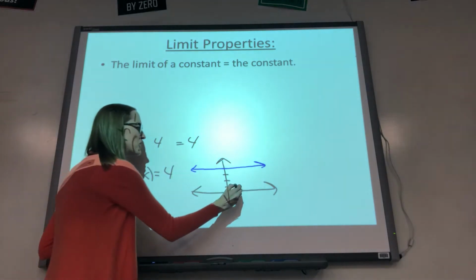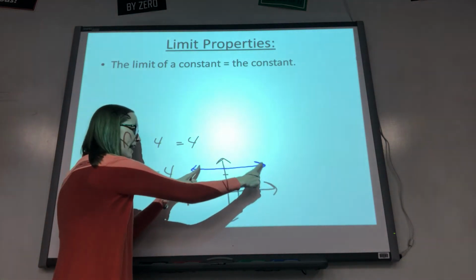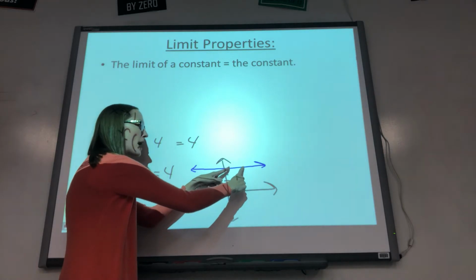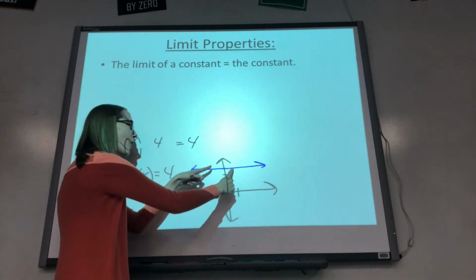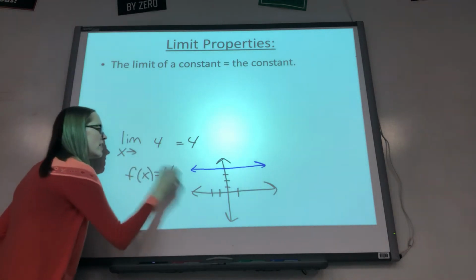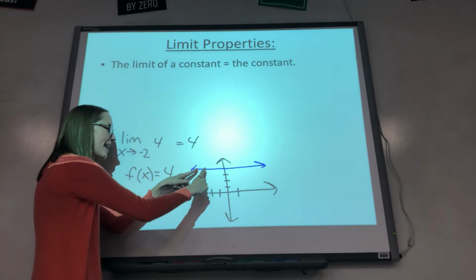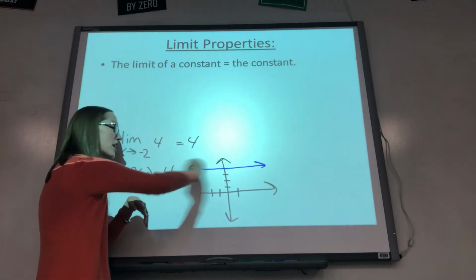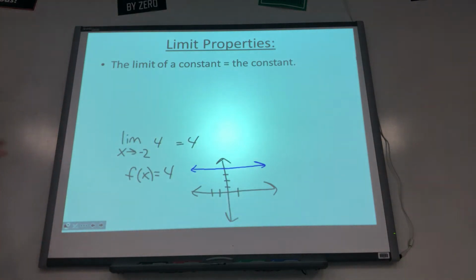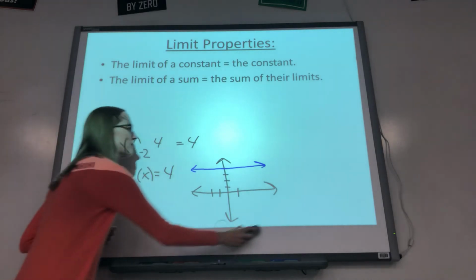If I'm trying to approach the x value of 1 from both sides, what y value am I approaching? 4. Or if I tried to approach negative 2 from both sides, doesn't matter what x value you're approaching, you're going to be 4 the whole way through. It's just a constant function. Okay, so there's that. Something nice to remember.